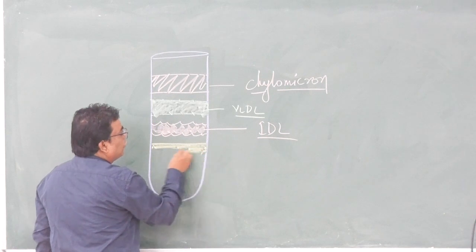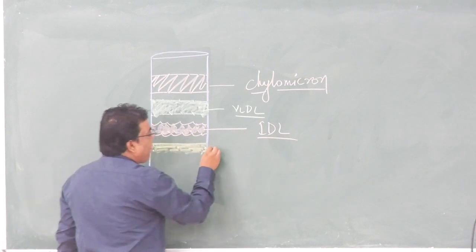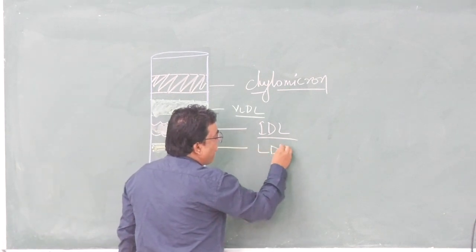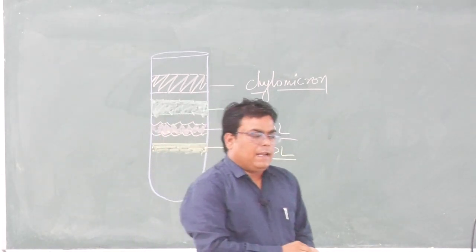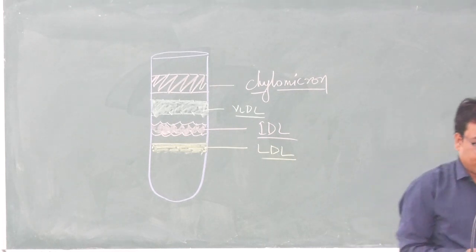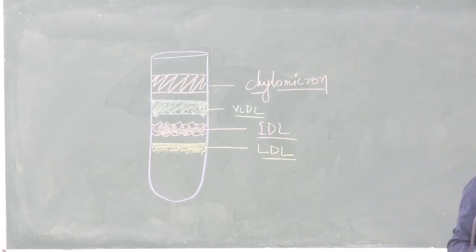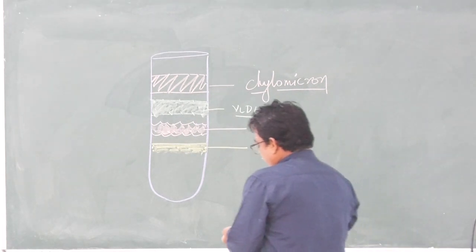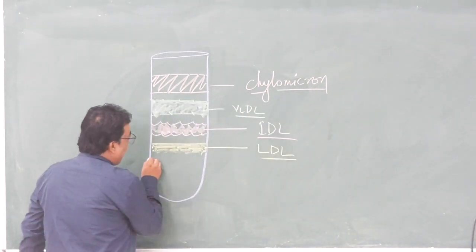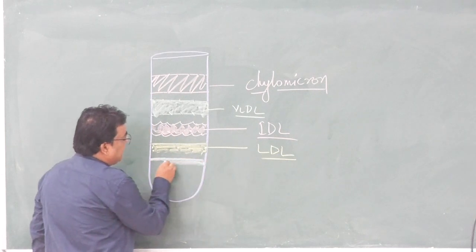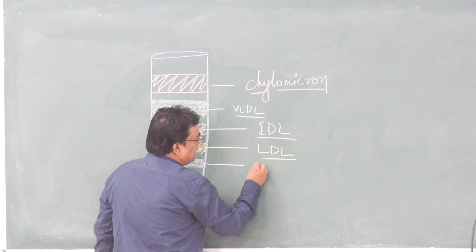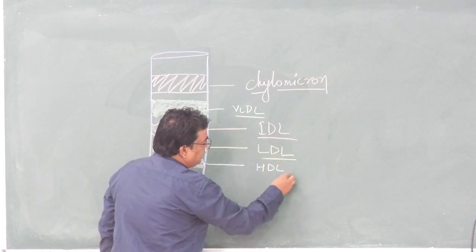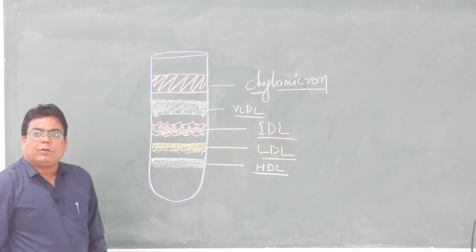And the fourth one is LDL. After LDL, this is HDL, high density lipoproteins.